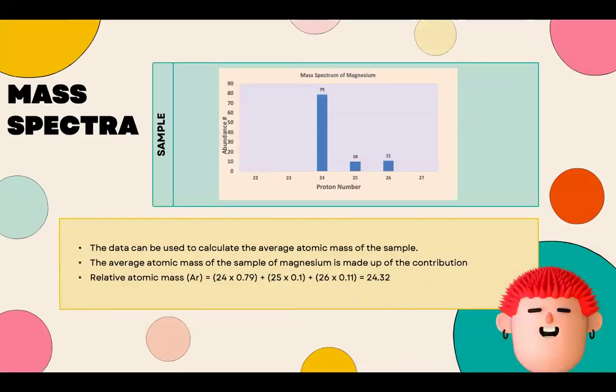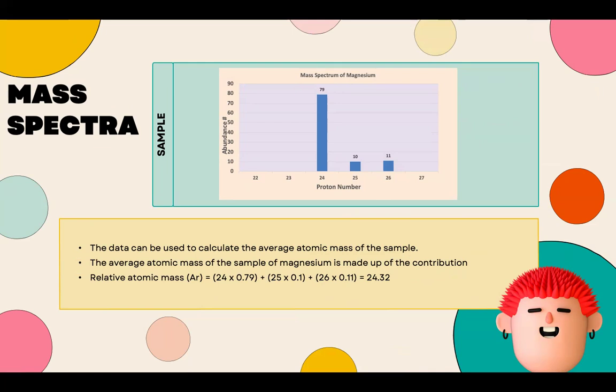Look at the graph above, where the left-hand side represents abundance, and the bottom part represents the mass number. The data can be used to calculate the average atomic mass of the sample.